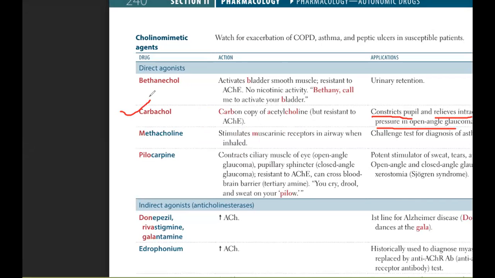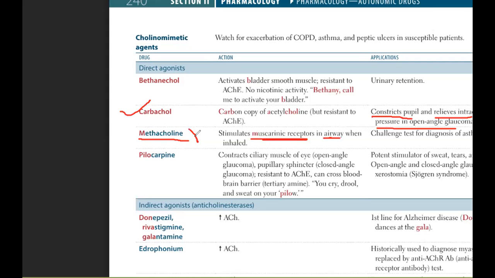Now because we have this little time, I just want to touch on methacholine, because there's only one line that you need to remember in case of methacholine: in actions, it stimulates the muscarinic receptors in the airway when inhaled.